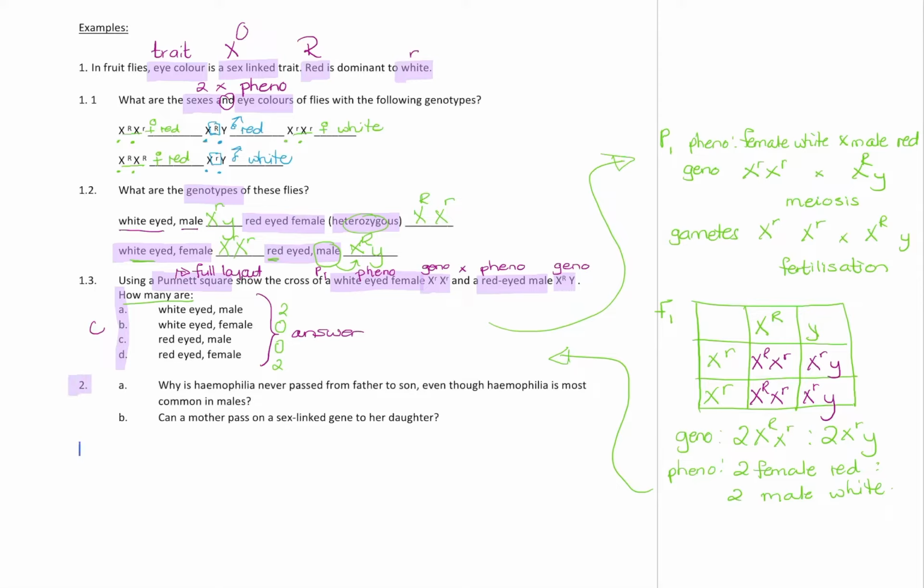Right, question 2. Why is hemophilia never passed from father to son, even though it is most common in males? So let's have a look. Hemophilia, we know, is an X-linked condition. What we also know is that the father transfers the Y chromosome to a son.